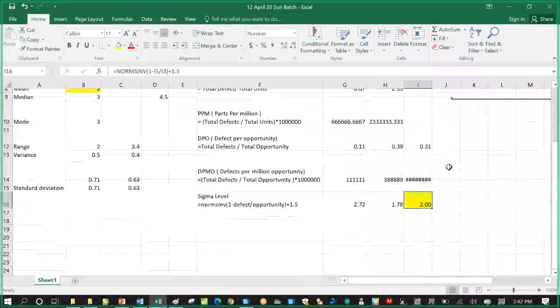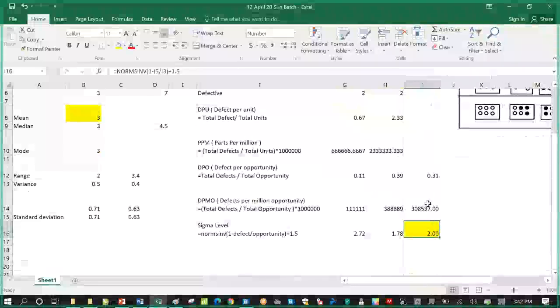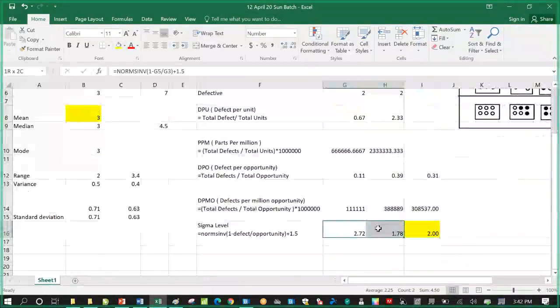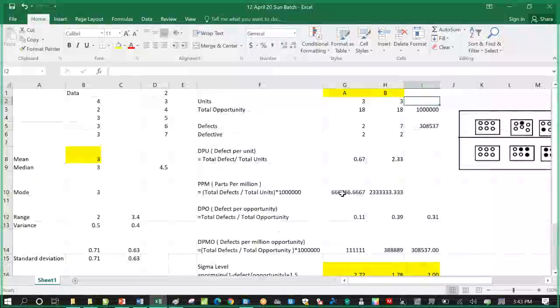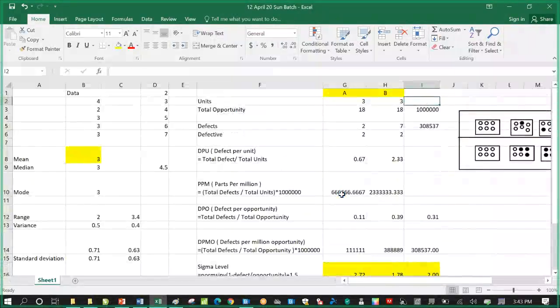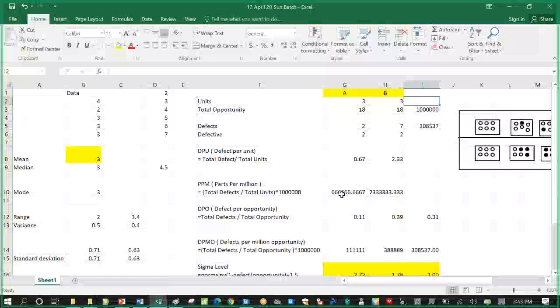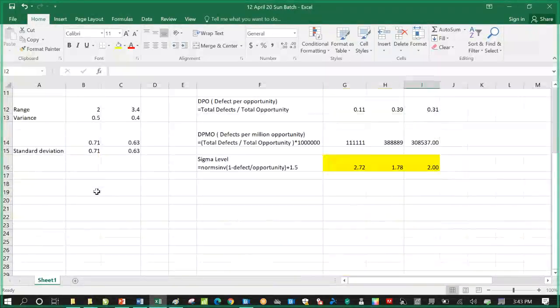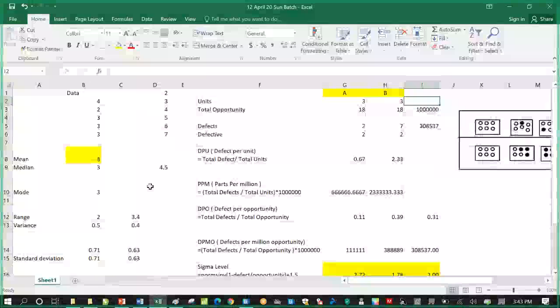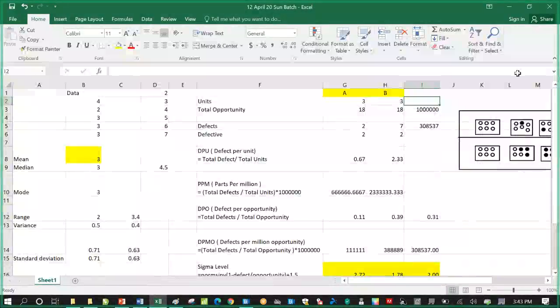So if you remember this formula, it will help you to calculate what your sigma level is right now also. I'll share this Excel sheet with you so that you can practice and see what the sigma level is for any process. Try calculating for a few processes also.